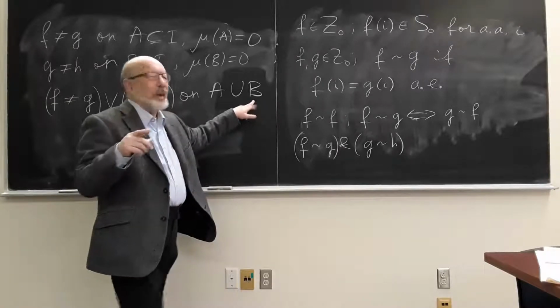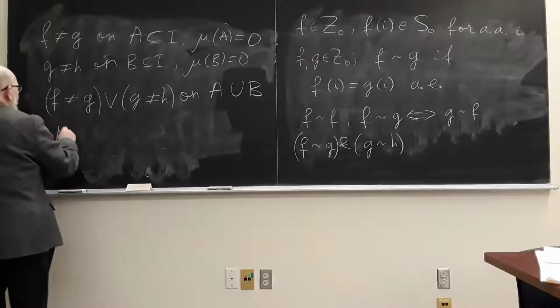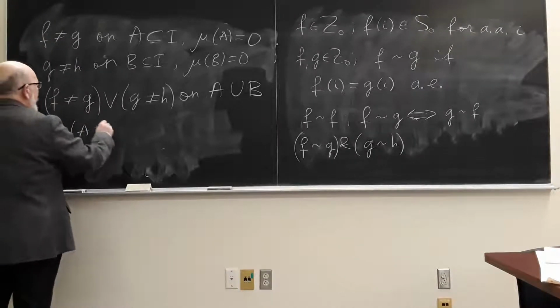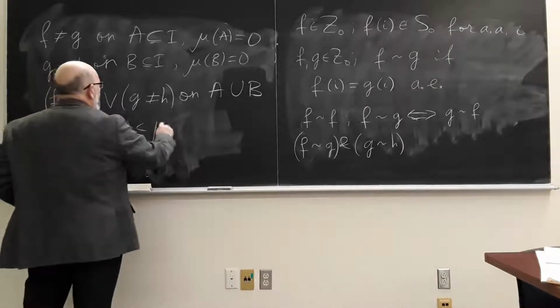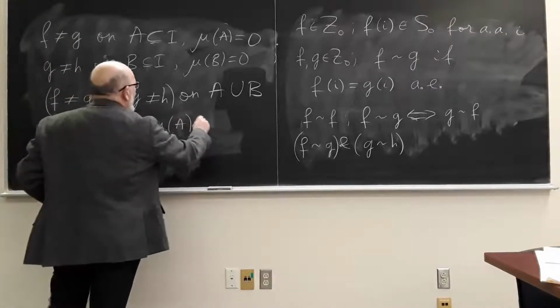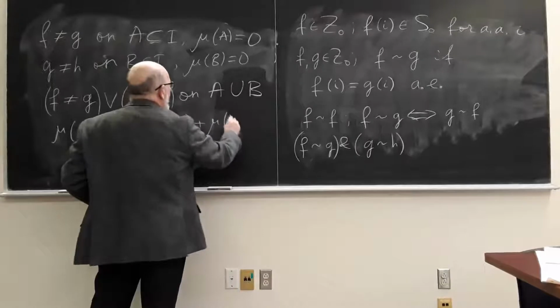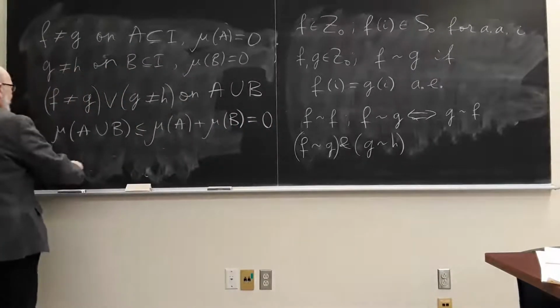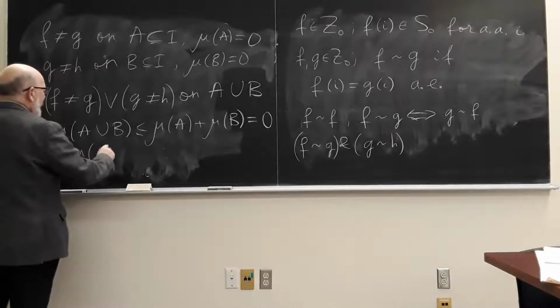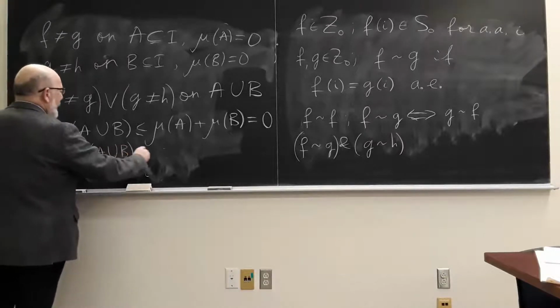Otherwise, it can be less. So the measure of A union B is less than or equal to the measure of A plus the measure of B, which is 0. So this means that the measure of A union B is 0.